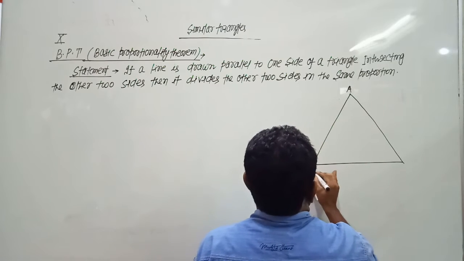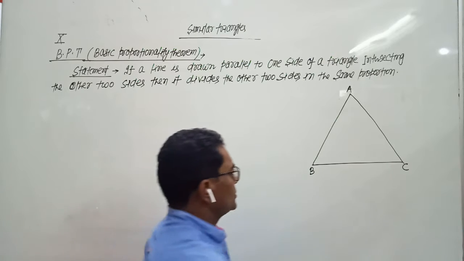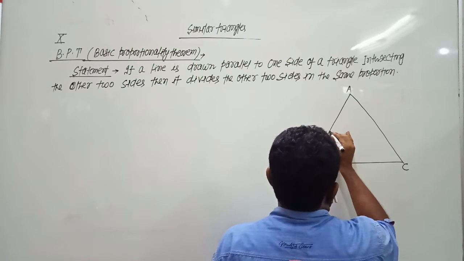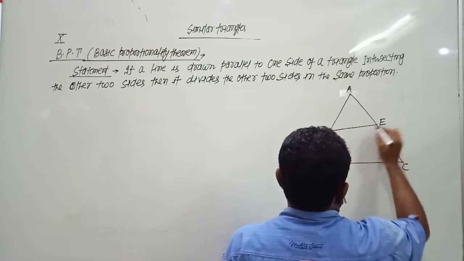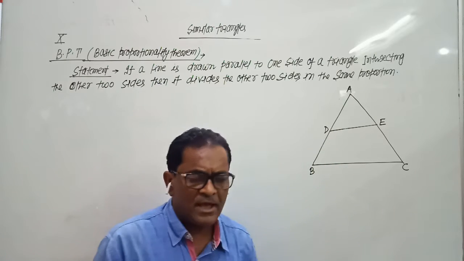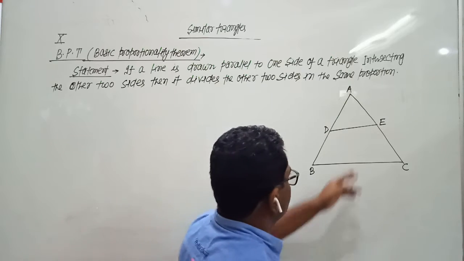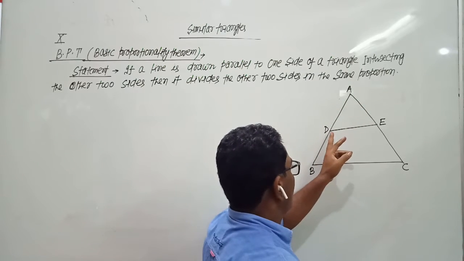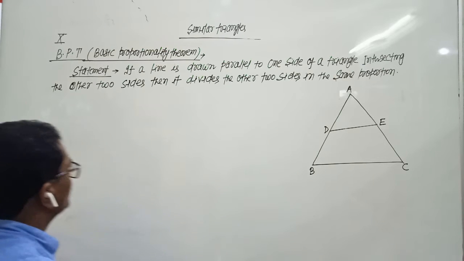Triangle ABC, in which a line DE is drawn parallel to BC, and this line intersects side AB at point D and side AC at point E.